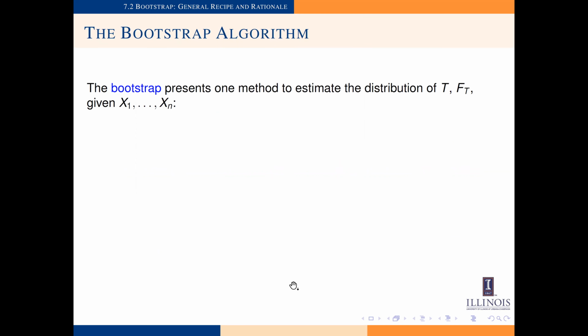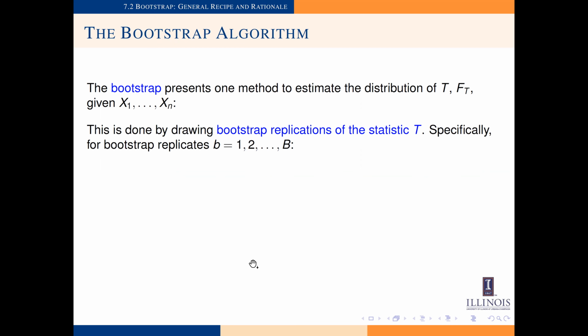So the bootstrap presents one method for estimating the distribution of t, ft, given our observed random sample x1 all the way up to xn. This is done by drawing bootstrap replications of the statistic t.